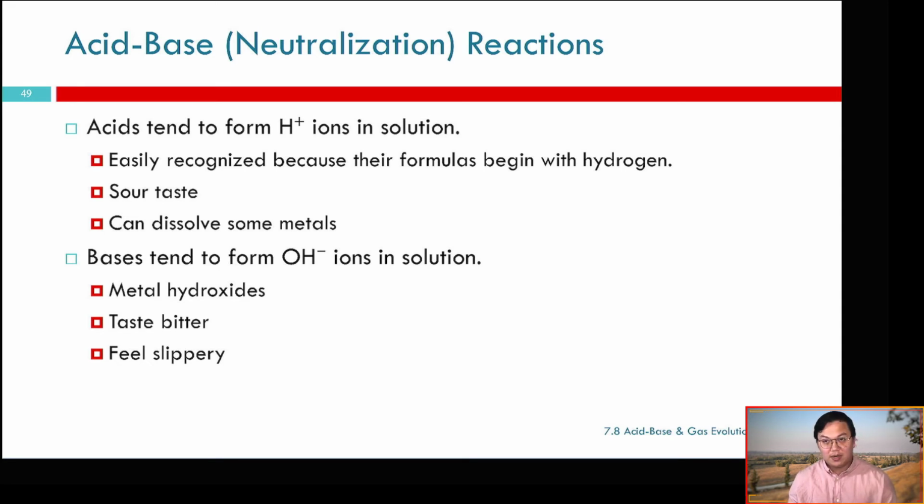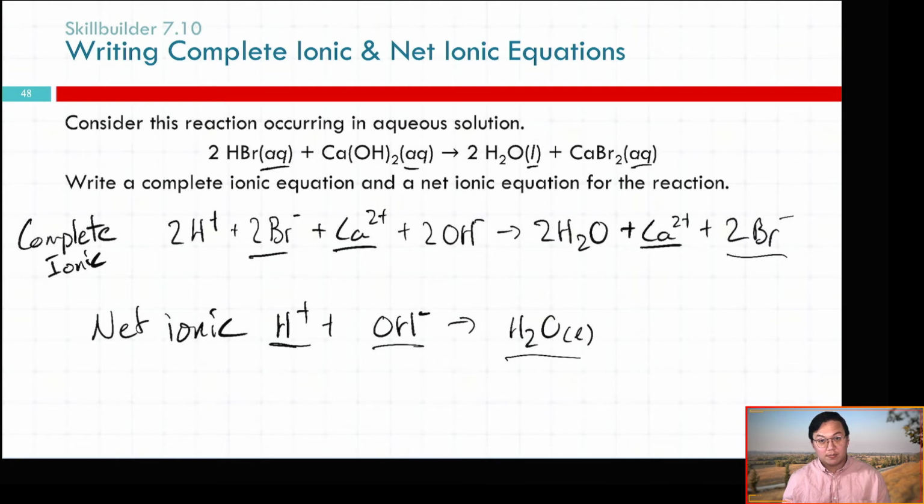All right, so now that we've talked about ionic equations, we can talk about acid-base neutralization reactions. Acids tend to form these H plus ions in solution. They're easily recognized because their formulas begin with hydrogen. We talked about how we name acids. From the previous example, HBr is hydrobromic acid.